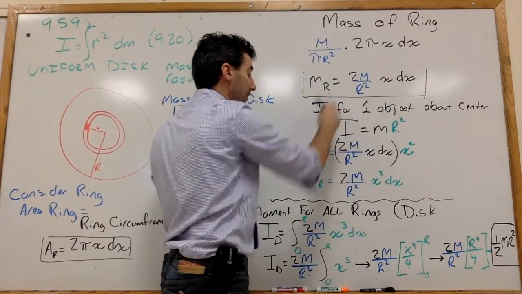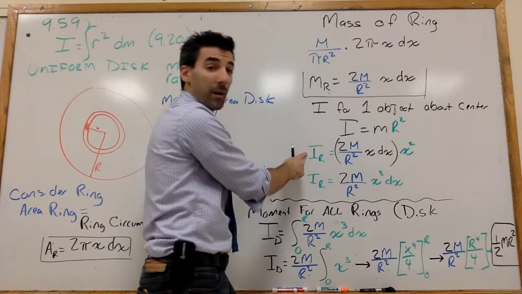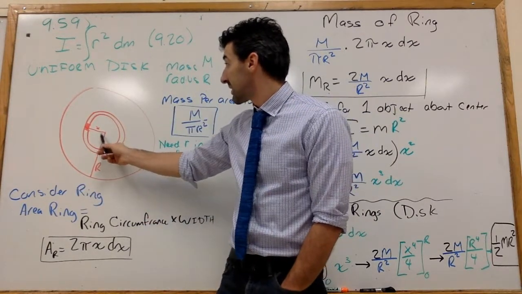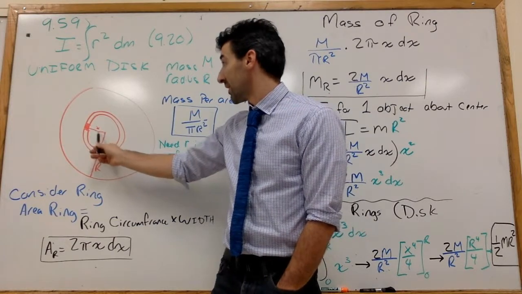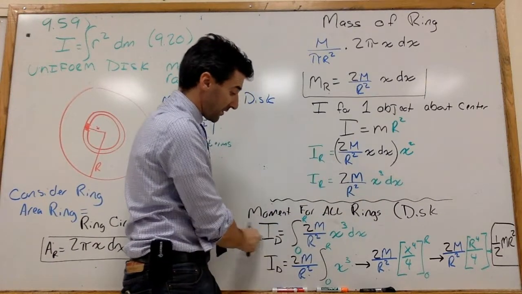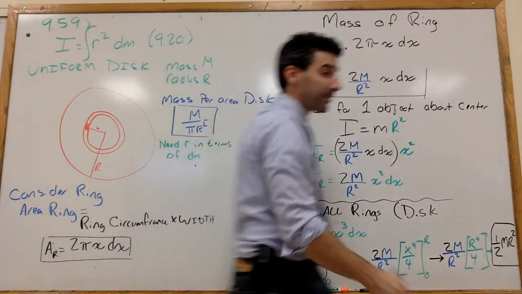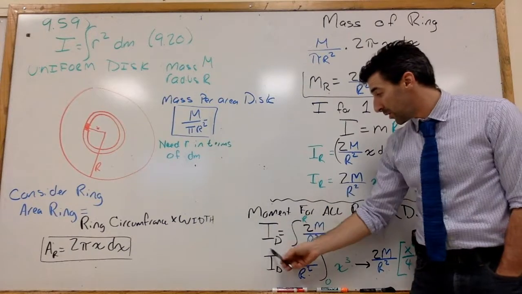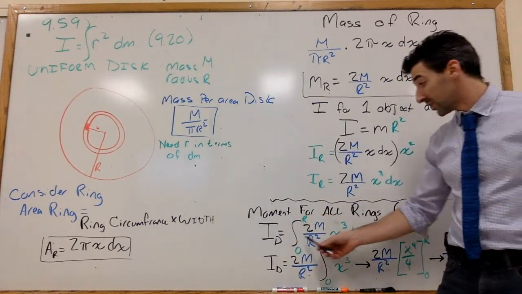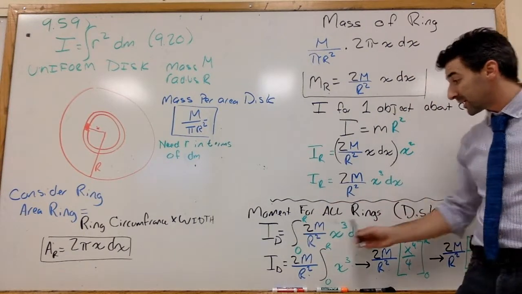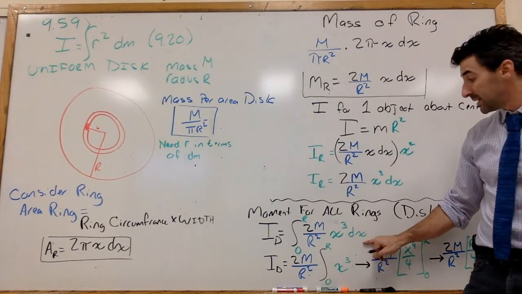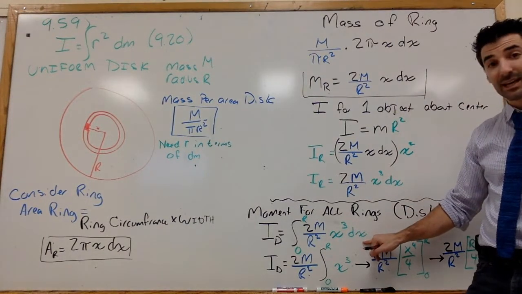So now I'm going to take not just one moment of inertia, but all of the moments of the rings, adding all those rings up to be the moment of inertia for my disk. So I know the moment of inertia of my disk is the sum, or the antiderivative, or integral, of all of my rings, times some distance dx.